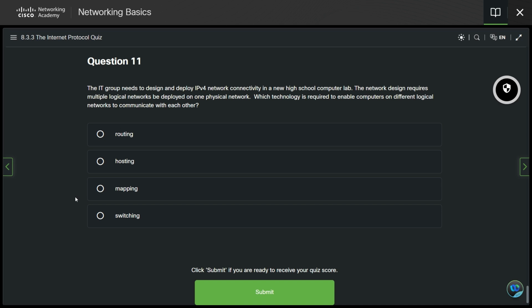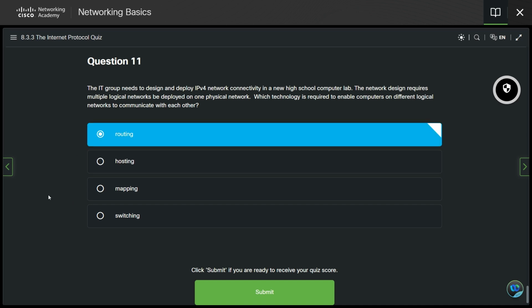The IT group needs to design and deploy IPv4 network connectivity in a new high school computer lab. The network design requires multiple logical networks be deployed on one physical network. Which technology is required to enable computers on different logical networks to communicate with each other? This is routing.